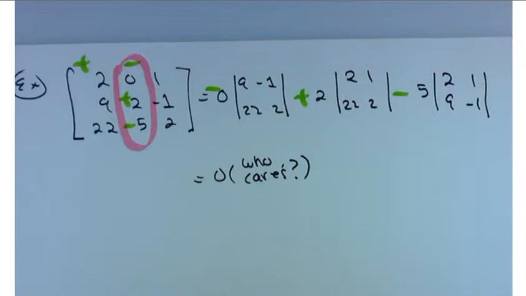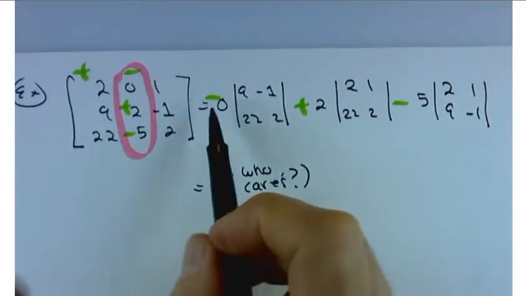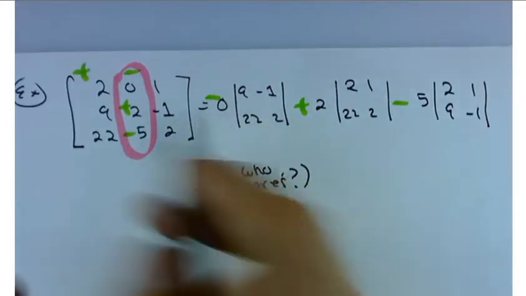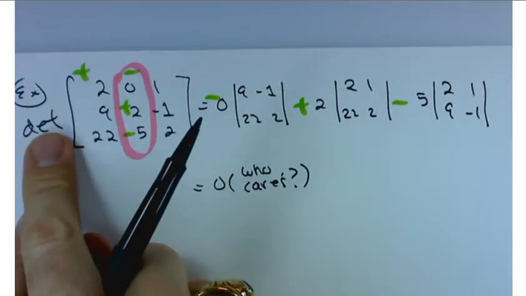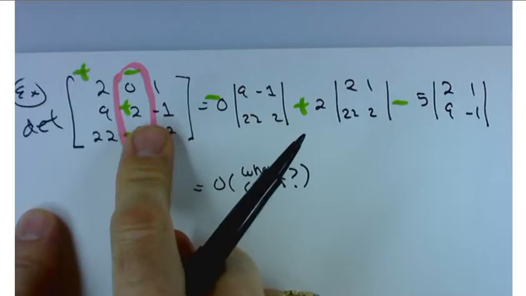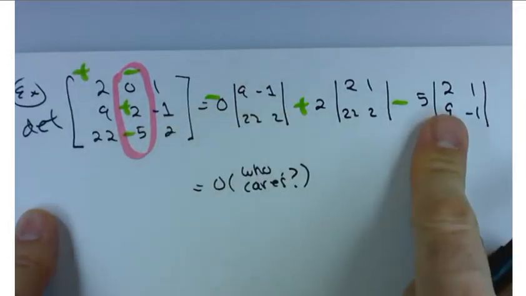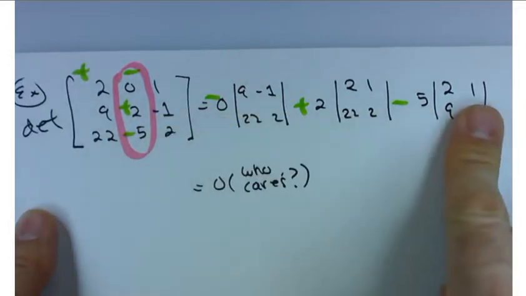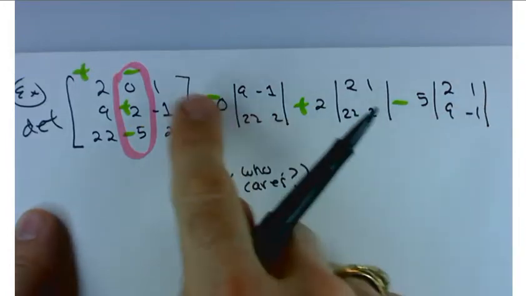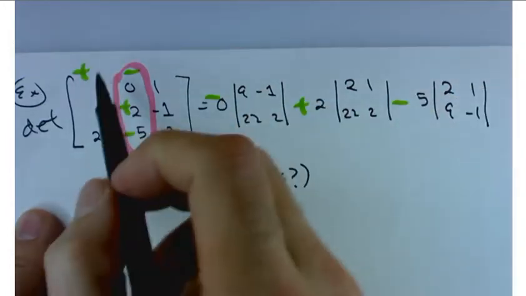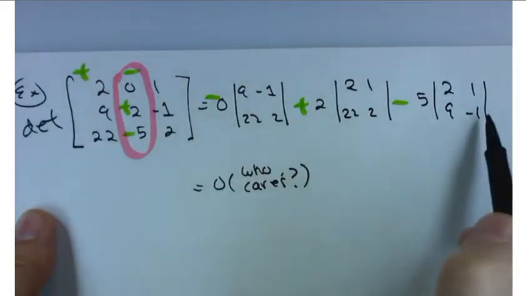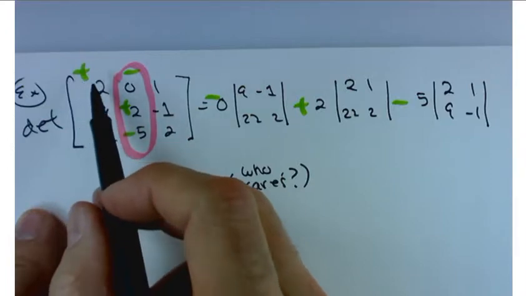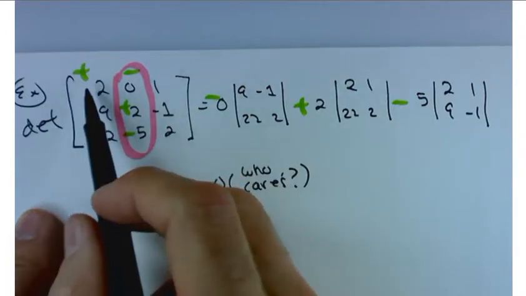Cooper? Okay. In order to calculate the determinant, I should probably put DET out here. In order to calculate the determinant of this matrix, I need to come up with all these cofactors, and I need to add them up in the correct way. Now, the correct way to add them up is by adjusting these cofactors with this sign. I think I might be getting cofactors and minors mixed up, but it's not going to hurt you guys.